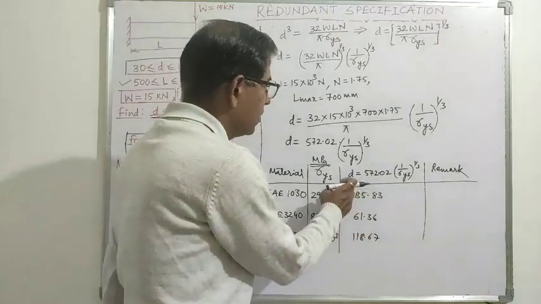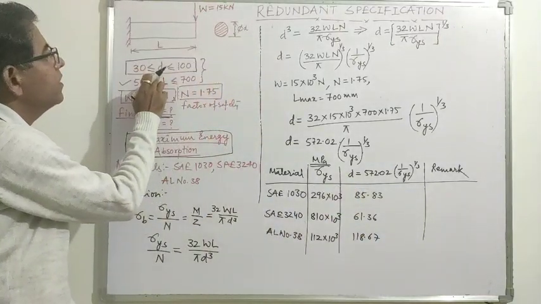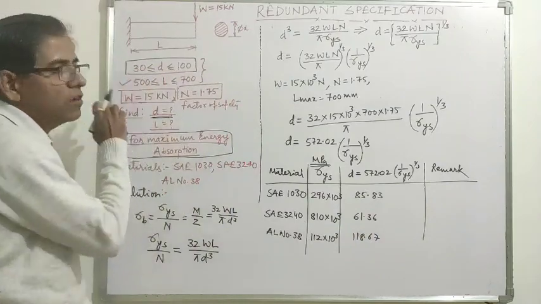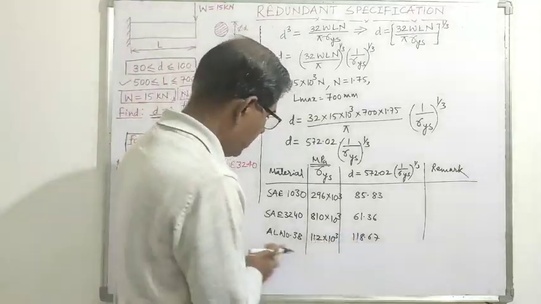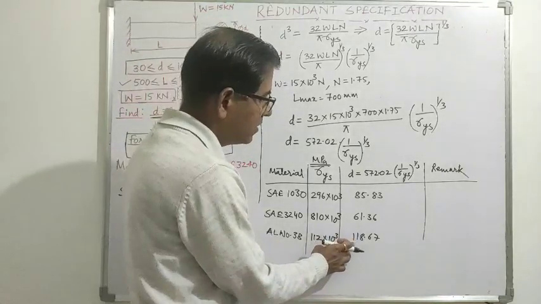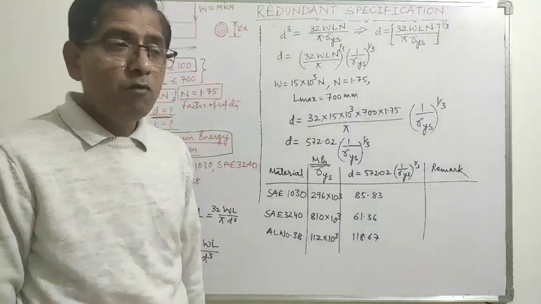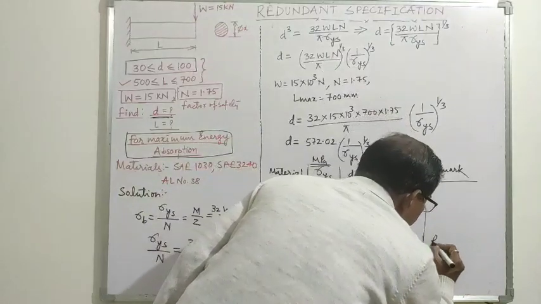But if you check the constraint imposed on the diameter, anything more than 100 and anything less than 30 will be rejected. Here aluminium gives the diameter of the shaft as 118.67 mm, which is out of our limit. So this material is rejected.